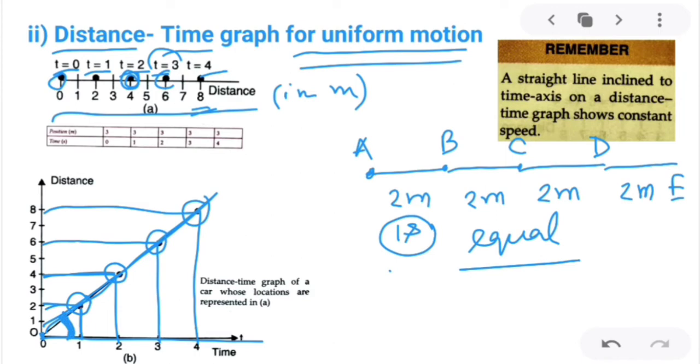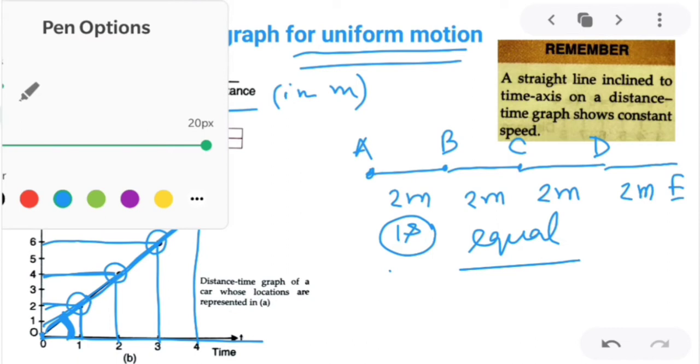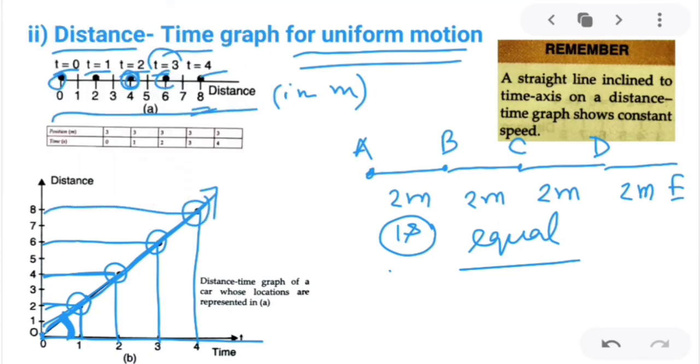So when we plot the distance-time graph of uniform motion, it will always be a straight line, and that straight line will always make an angle with the x-axis. This is the graph of uniform motion for distance versus time.